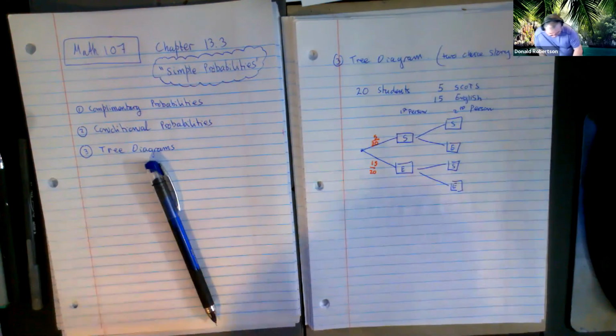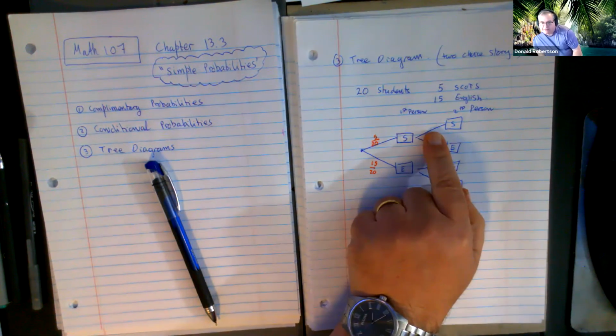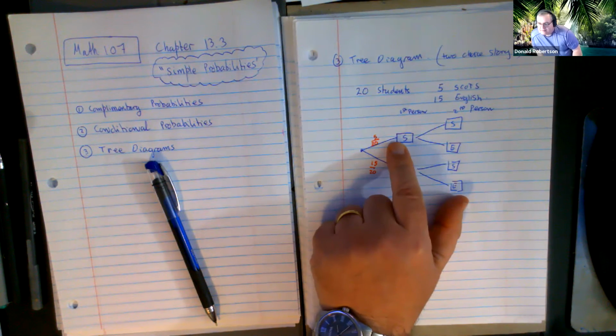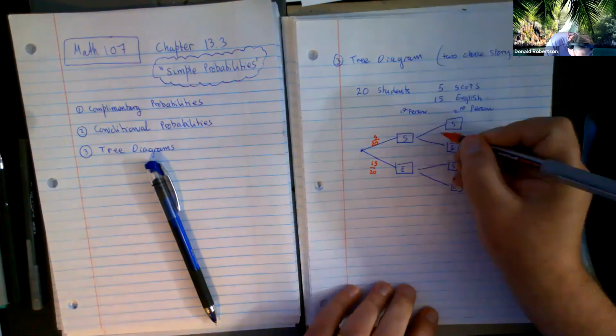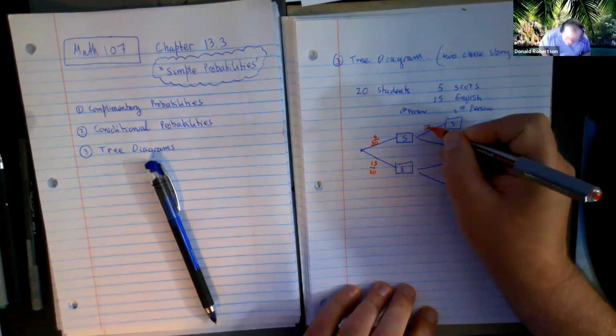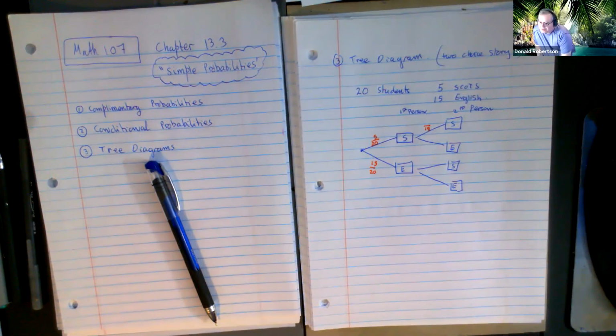Now let's see what these probabilities look like. The first person that I picked out of the class was a Scotsman. That means there's only 19 people left for my second choice. Are you happy about where that 19 is coming from? It's a bit like using up one of the cards from a deck of cards, right?